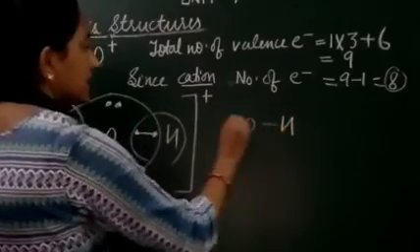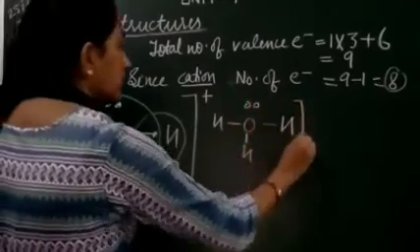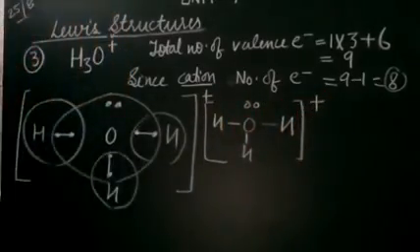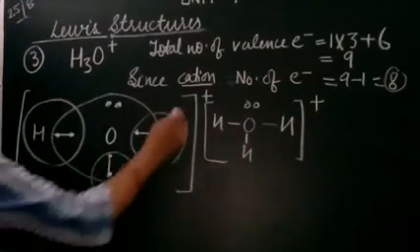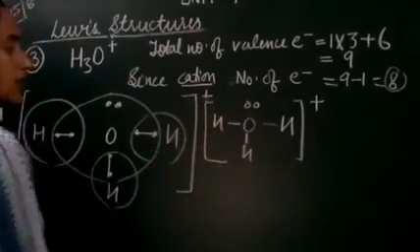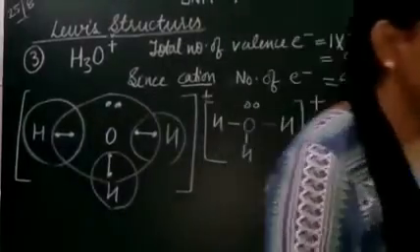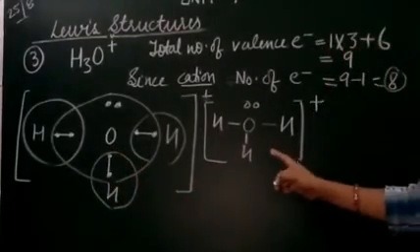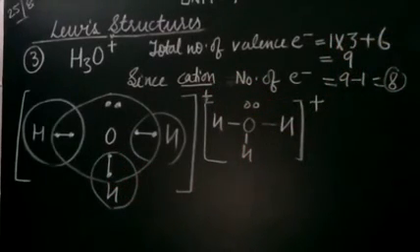You can also write it in this way. This is the positive charge here, right? So this ion is known as the hydronium ion, right? So you can represent the Lewis structure of a molecule either in this form, a diagrammatic representation, or you can write it in this way also, the Lewis structure of the hydronium ion.